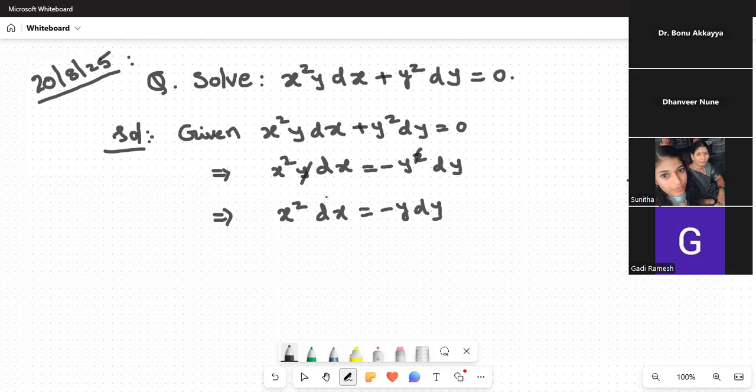So clearly, this equation becomes like terms of x on the left side, like terms of y on the right hand side. Whenever you get these terms separately on either side, then immediately apply integration on both sides.